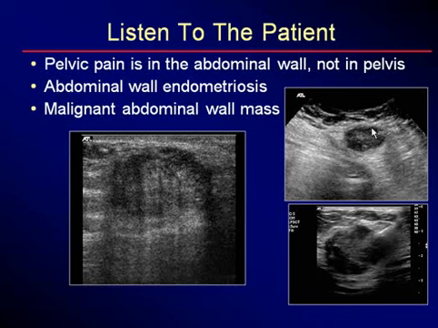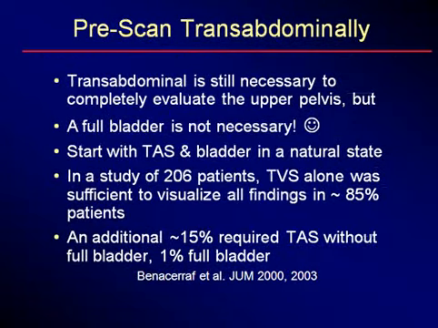Doing a biopsy on this solid mass in the abdominal wall, it turned out that this was metastatic sarcoma years later in a patient who had abdominal wall pain, not specifically pelvic pain.